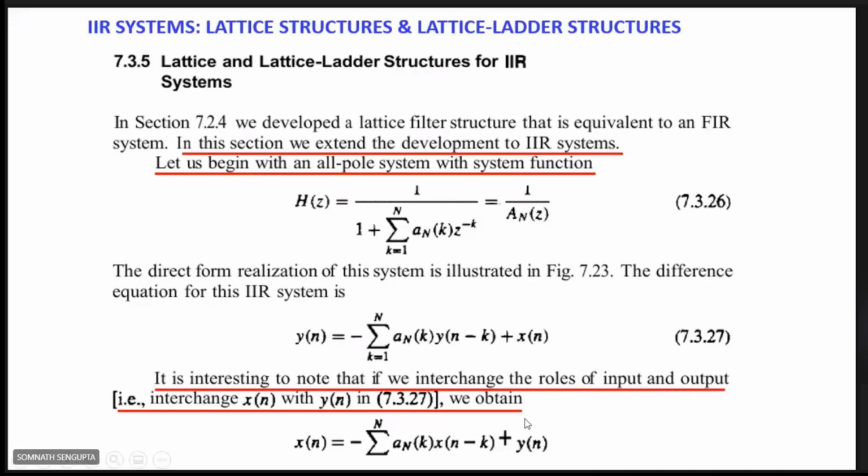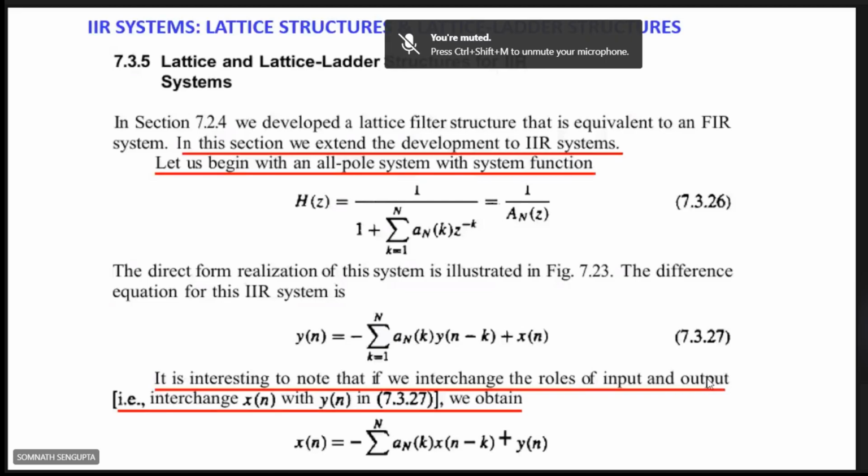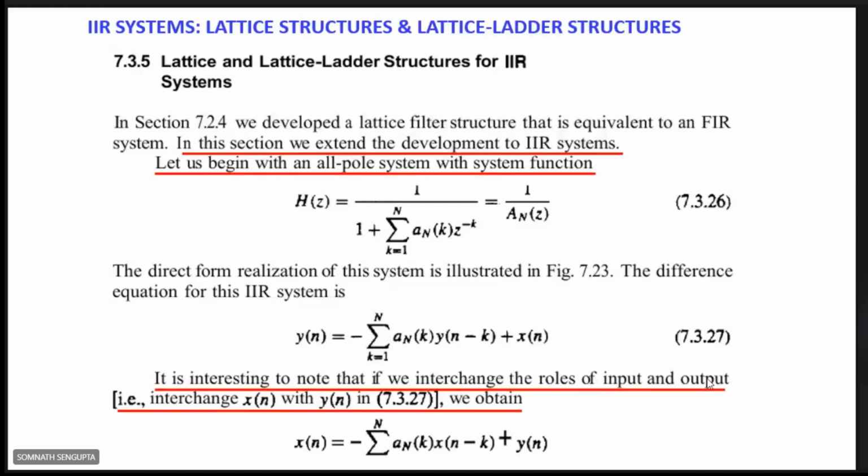But if you want to represent it in lattice form, lattice form is what? It is a delayed version of input. The main concept is the signal flows from input to output side through different delay stages of input. One delay, it is x[n minus 1], another delay x[n minus 2], like that.